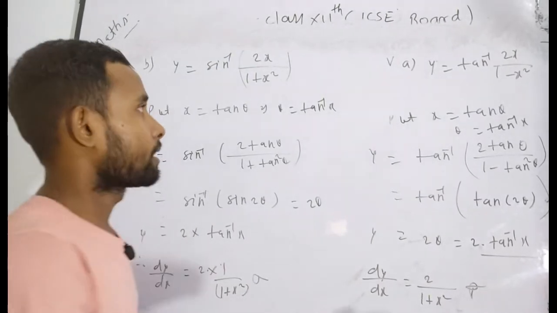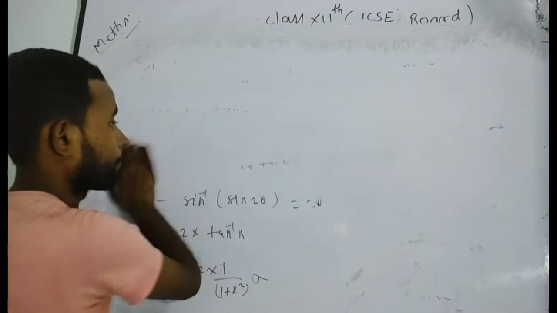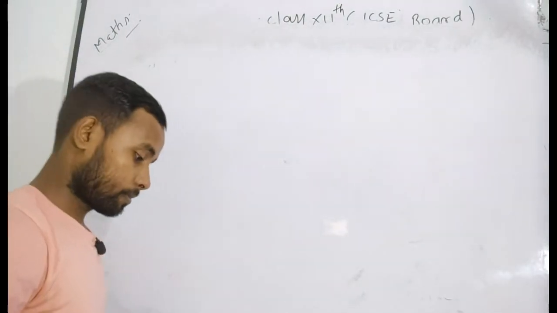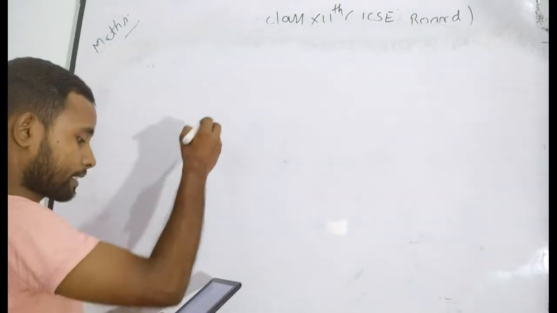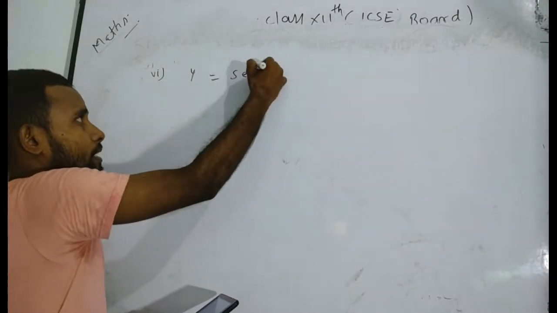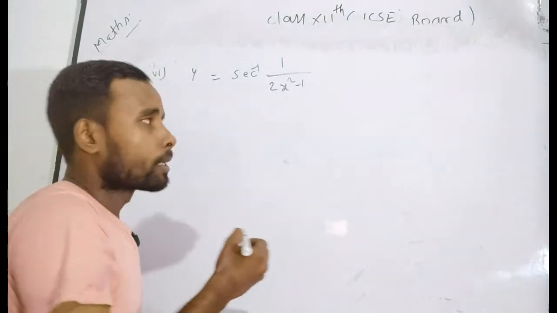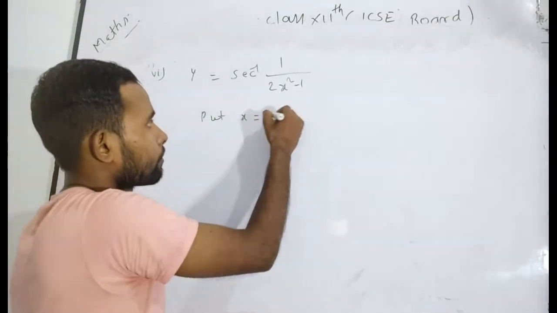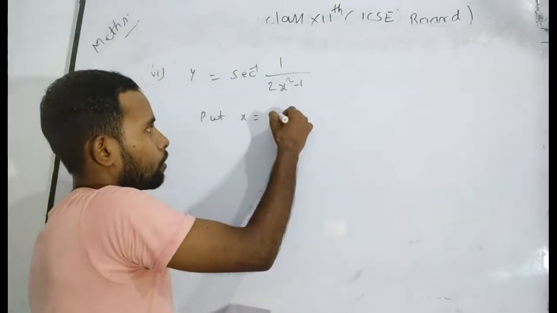Now I want to take the next question, question 6. Y is equal to sec inverse of 1 upon 2x square minus 1. Simply put x is equal to cos theta.